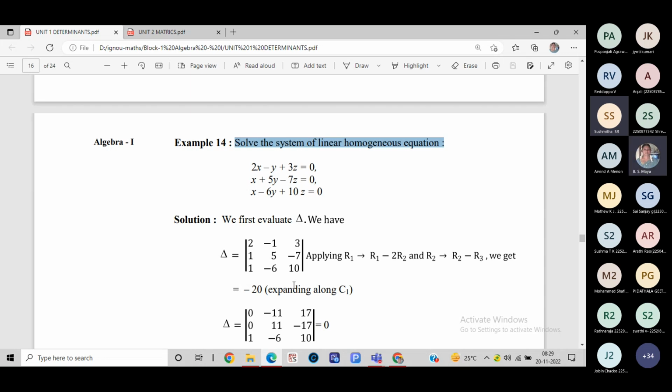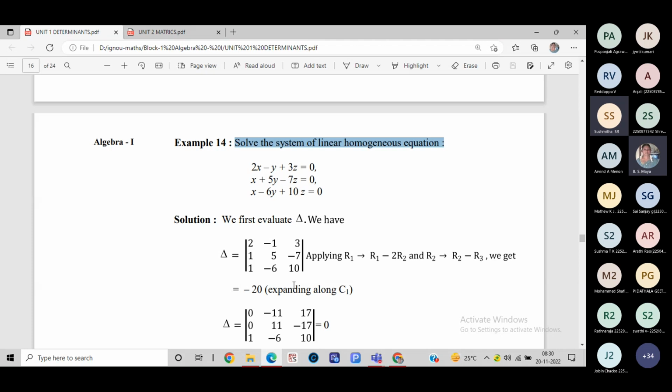Where did you make a mistake? How are you representing it? First is 2 into 50 minus 42, minus into minus plus.